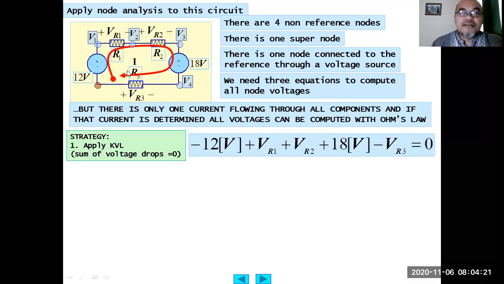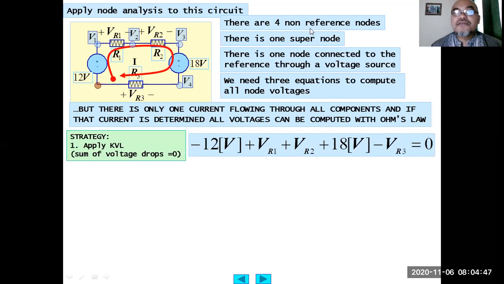If the case is like this, if there is only a single loop, so there is only a single current flowing through, it will be easier to write one equation to find that current, and then afterwards calculate the node voltages. So that is the use of Kirchhoff voltage law, or loop analysis.